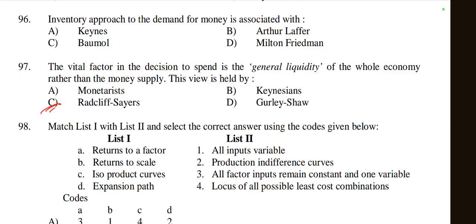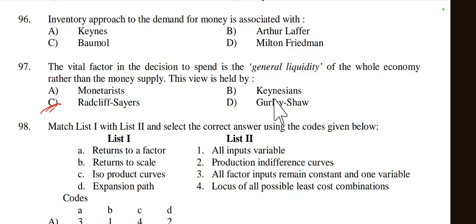Their approach focuses on the broader concept of liquidity beyond just the quantity of money, considering various forms of liquidity and their impact on the economy. So the vital factor in the decision to spend, the general liquidity of the whole economy rather than the money supply, this view is held by them.